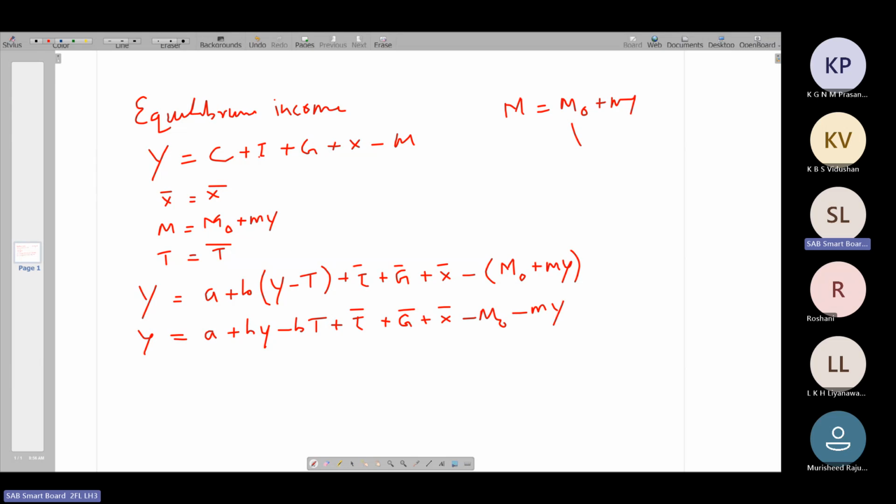This M0 means the autonomous part, autonomous imports, right? Small m is called the marginal propensity to import.